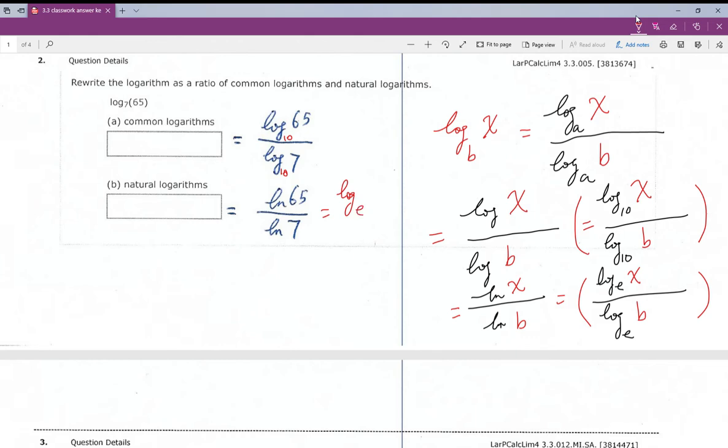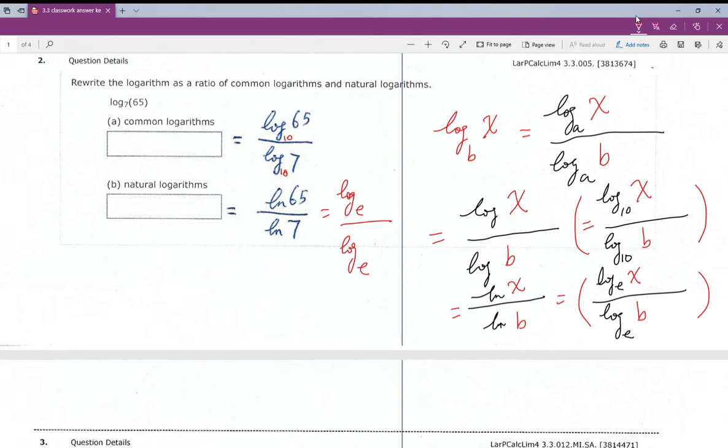So this formula may allow you to change it to any base you prefer. So you want to change the base to 7 or 9 or 100, any number is fine, but usually we would like to convert to base 10 or base e, because you may use a calculator to evaluate the result.